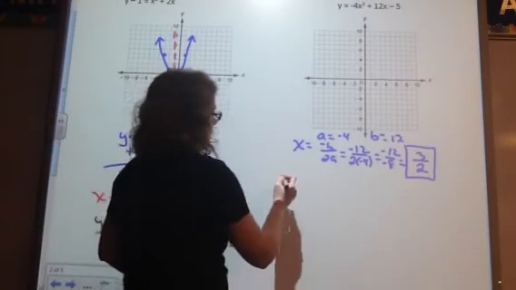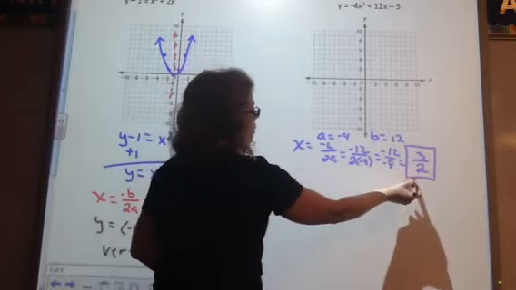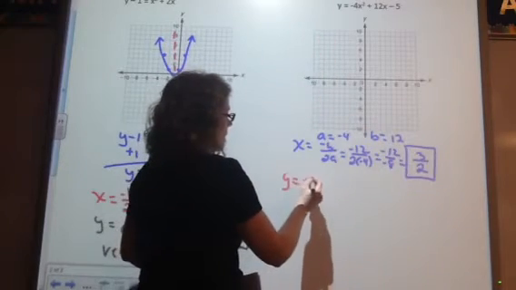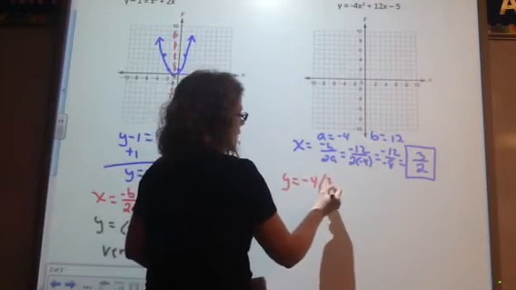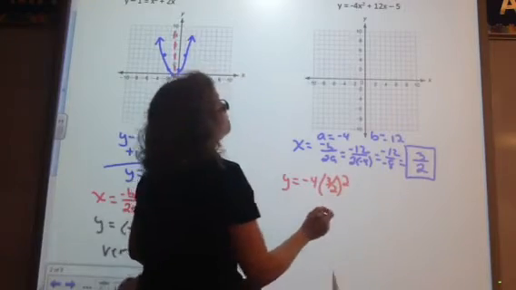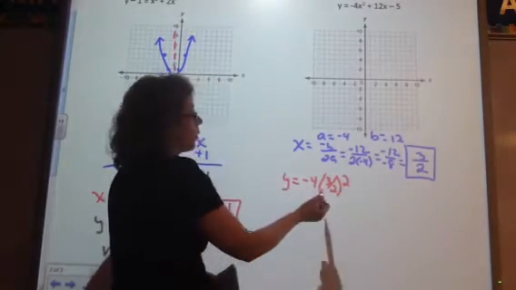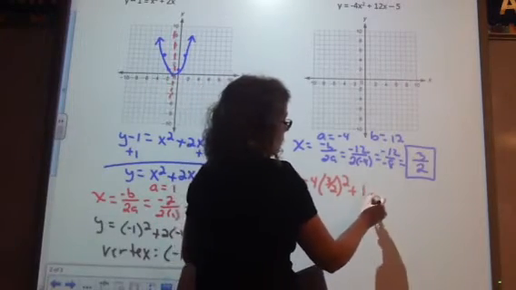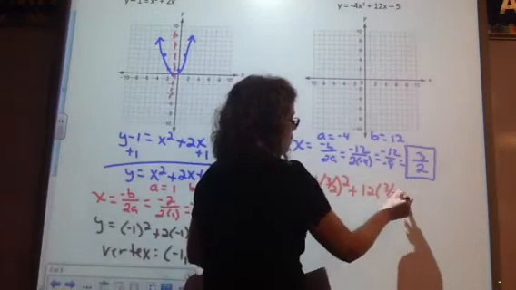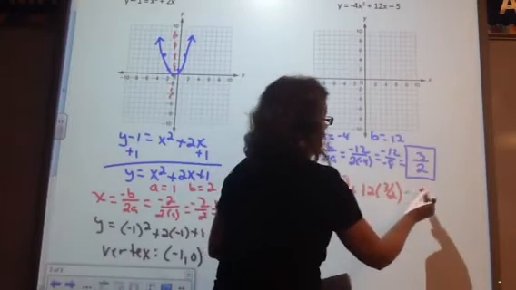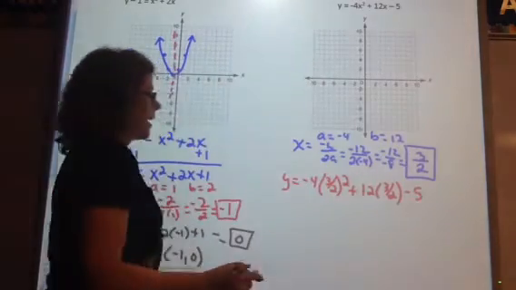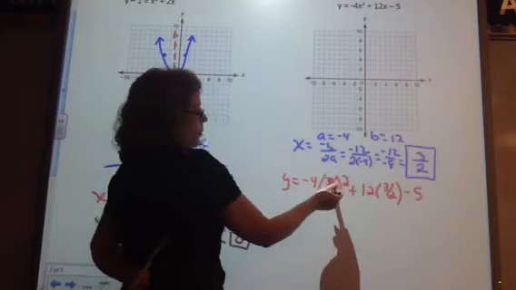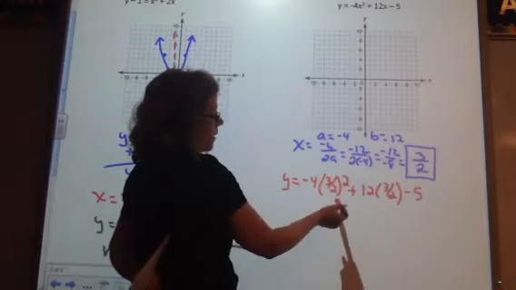Now let's find our y-coordinate. So we need to substitute this into our original equation. -4 times 3 over 2 squared plus 12 times 3 over 2, minus 5. All right, guys, let's do this mentally. 3/2 squared is 9/4.